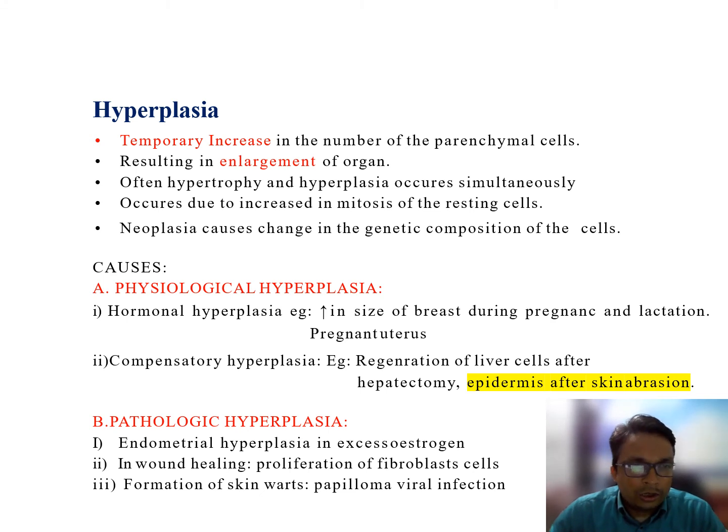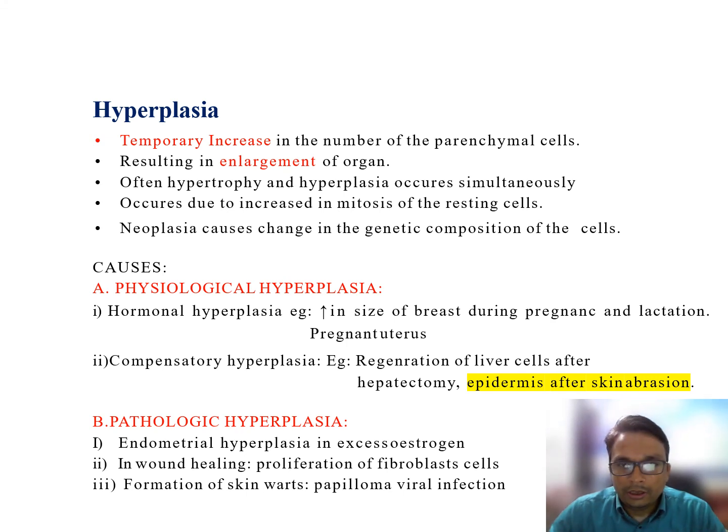Moreover, if you talk about the pathological hyperplasia example, that is endometrial hyperplasia, where you will observe that the estrogen is responsible for the regular increase in the endometrial size, which is responsible for the pregnancy.